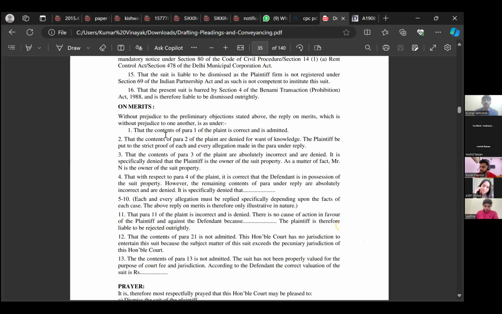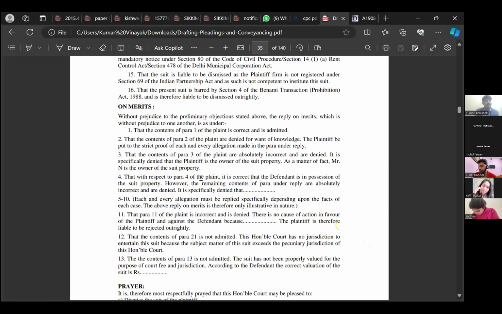So the denial has to be specific. See, it is saying that the contents of para 3 of the plaint are absolutely incorrect and are denied. So this is a specific denial. Apart from that, you also have to counter them, so you will be presenting your facts. It is specifically denied that the plaintiff is the owner of the suit property. As a matter of fact, Mr. N is the owner of the property.